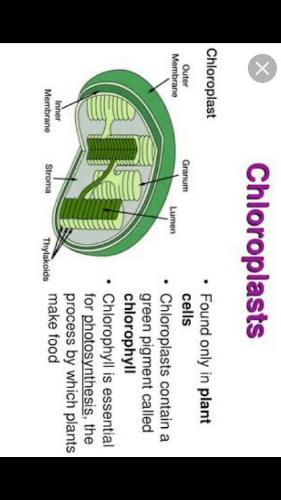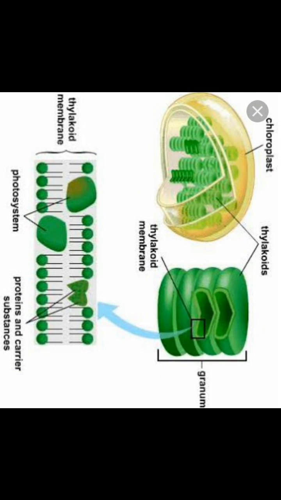Next, one more point regarding chloroplasts. Like mitochondria, chloroplasts are also double membrane bound cell organelles. You can see the outer membrane and inner membrane on the screen. The outer membrane is the boundary, and the inner membrane lies below the outer one.